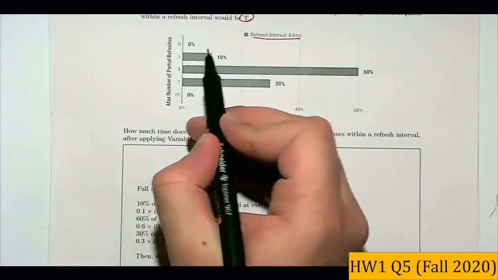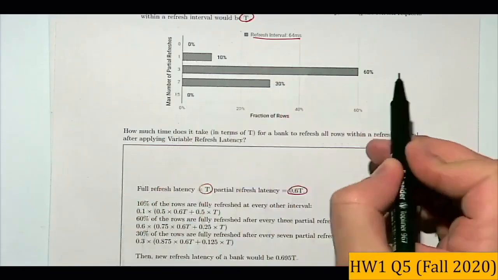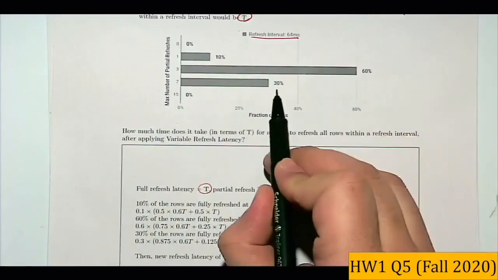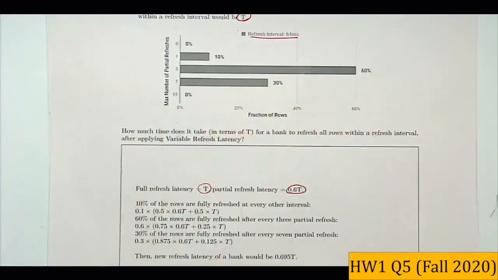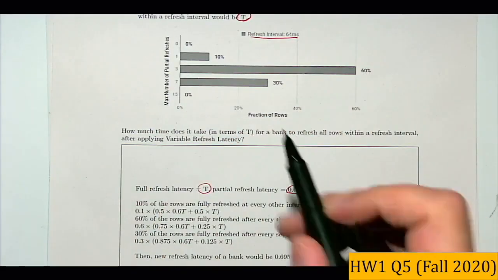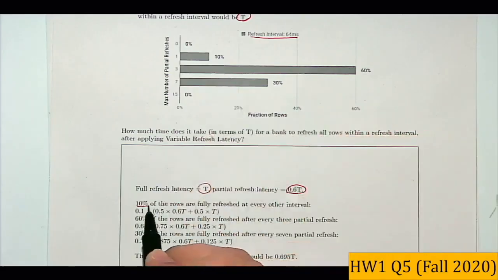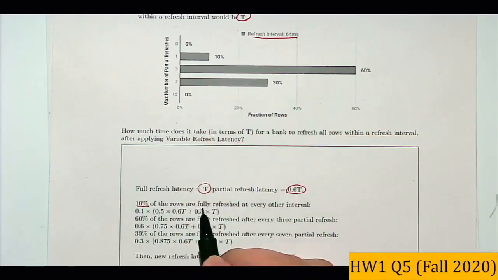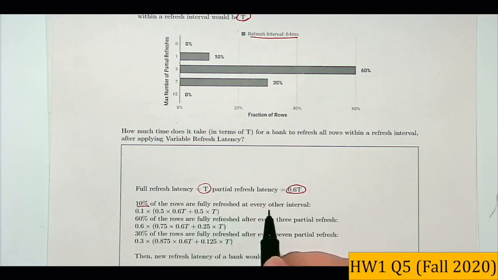Here, as you can see, 10%, 60%, 30%, this is the whole distribution of these rows. For 10% of the rows, I need to fully refresh them every other interval, so it interleaves between partial and full refresh. And for 60% of them, I need to fully refresh them after every 3 partial refreshes, right?